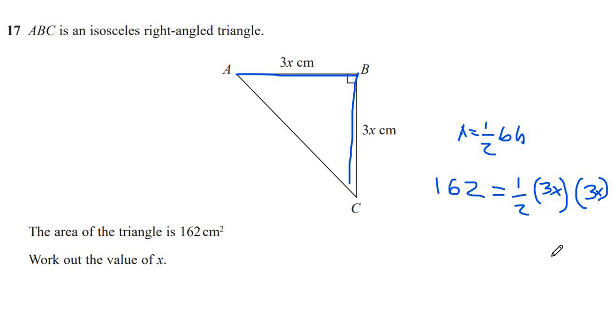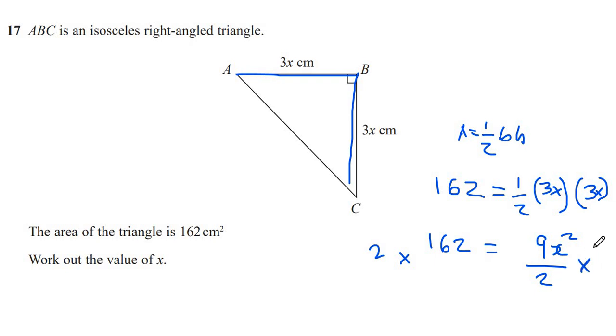Now we need to figure out how to get to x. So 162. Now if you multiply 3x times 3x, that is 9x squared. And you have the 2 here. All right, so next what we can do is let's multiply by 2 on both sides.